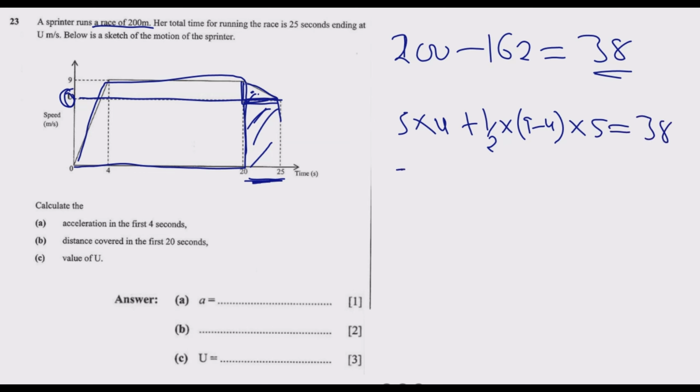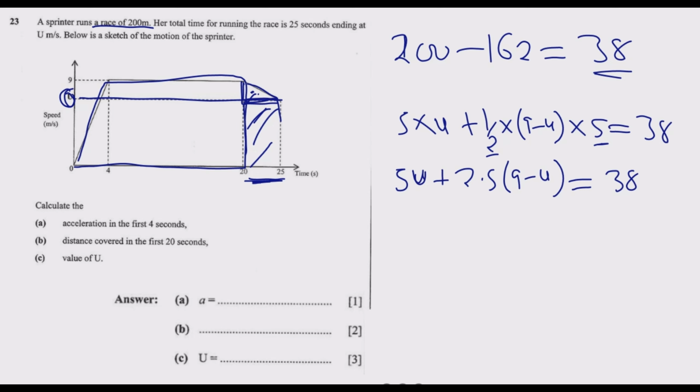So we have 5u plus 5 times half, which is 2.5, multiplied by 9 minus u, equals 38.